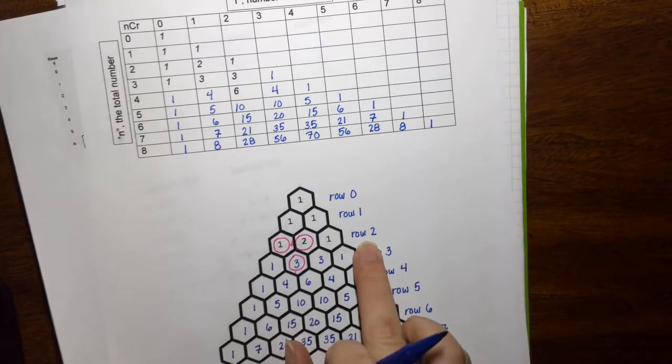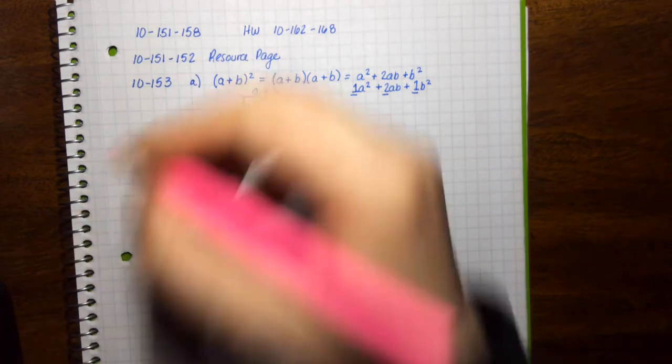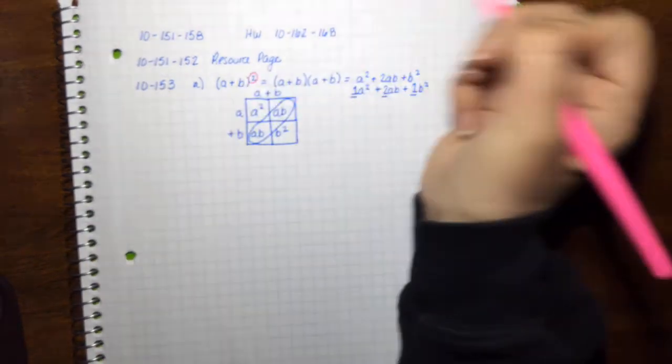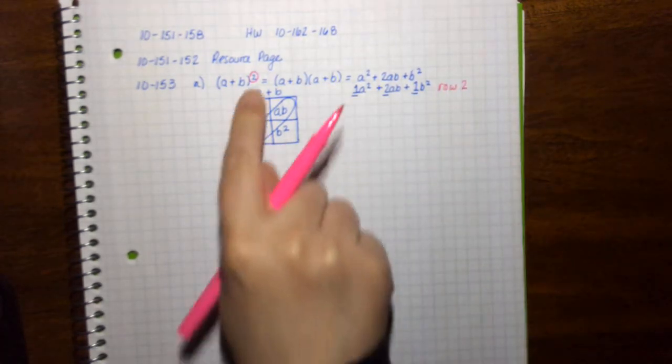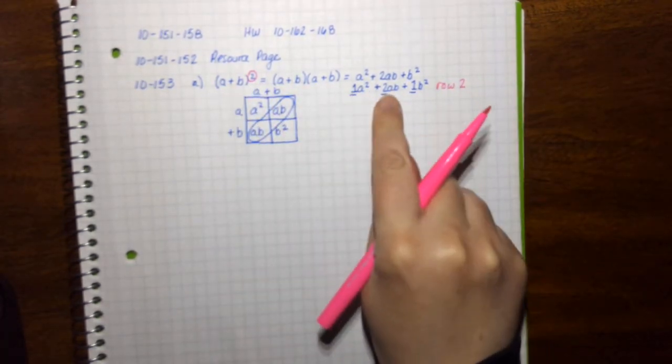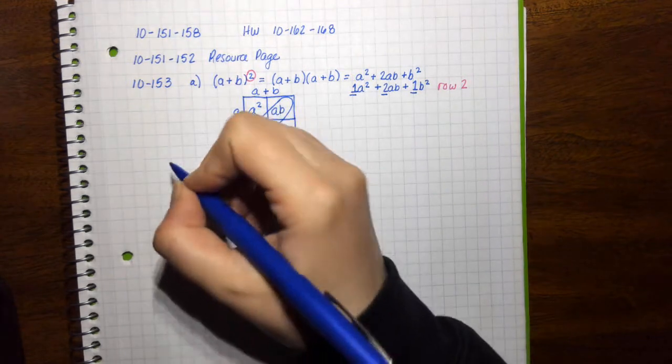We call it row 2. The 2 here matches the exponent of 2. So I'm going to come back in and circle this row 2, because that's a 2, gives us 1, 2, 1. Okay, later on I will teach you how to figure out the letters.